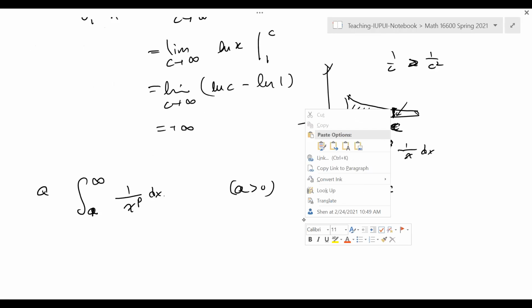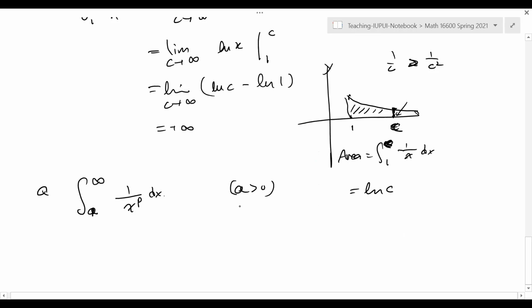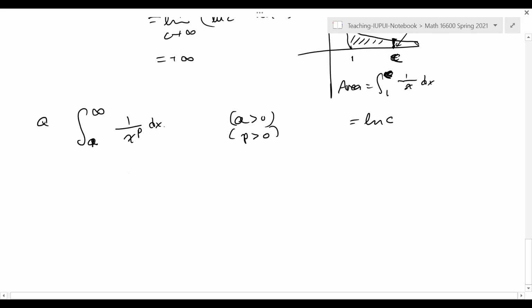If a is 0, I have trouble at the endpoint, because 1 over x to the power p is not defined. And I also assume that p is positive, because if p is 0 it's always divergent. That's a reasonable assumption. Then I'm going to determine the values of p for which it's finite and for which it's infinite.